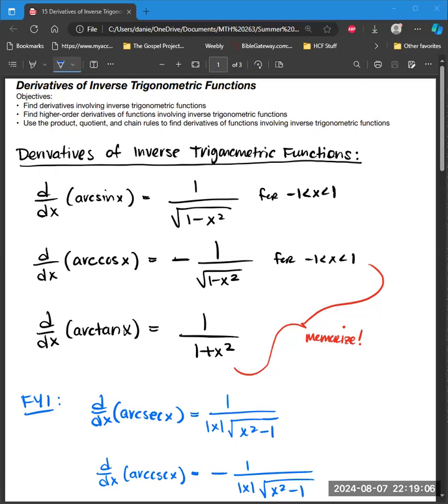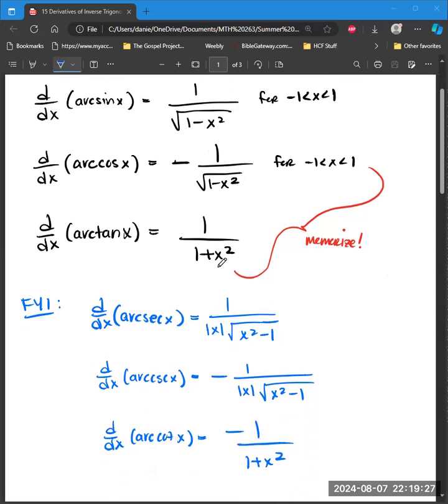So let's go ahead and look at the three main trigonometric functions here that you're going to find derivatives of. We'll find derivatives of their cofunctions and other things in a second.